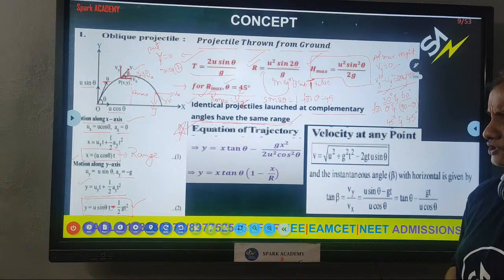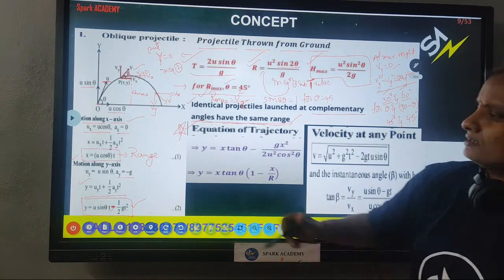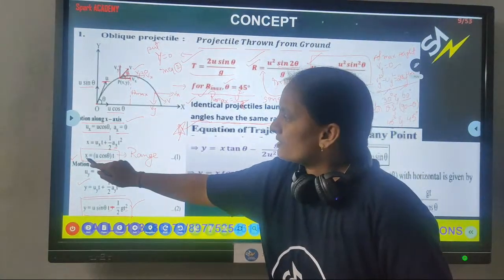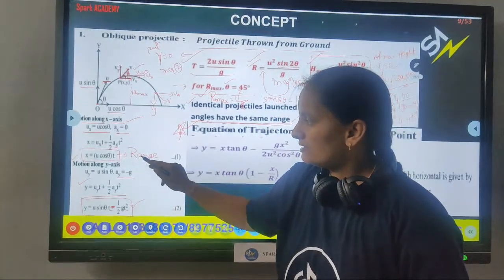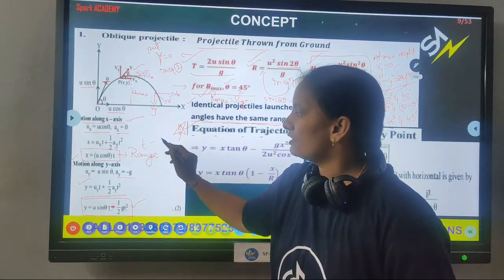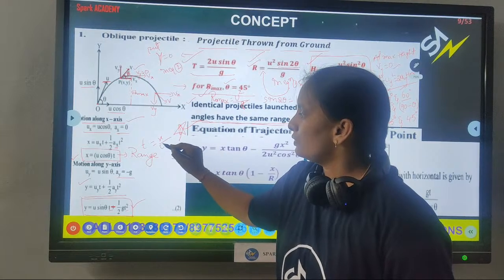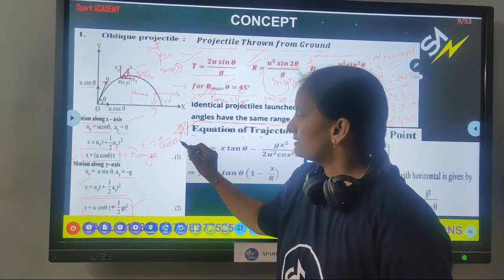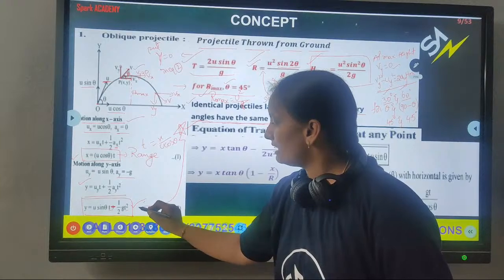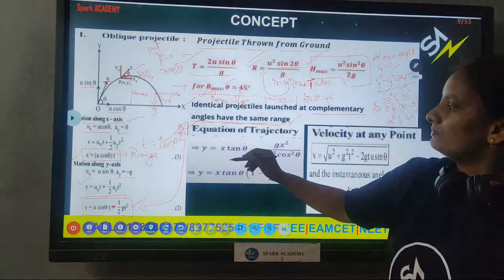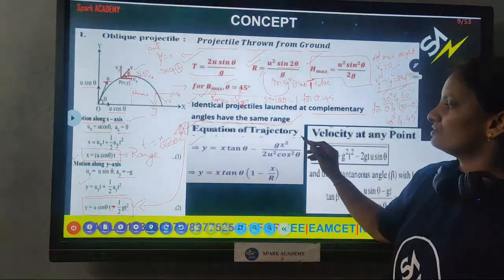So we can substitute that t from the range. From the range, t will be equal to x by u cos theta. Substitute that t value in equation 2. Then we can find the equation of the trajectory.